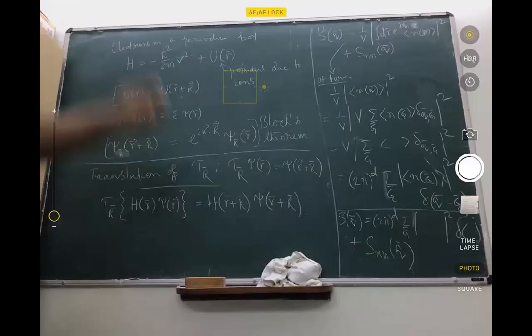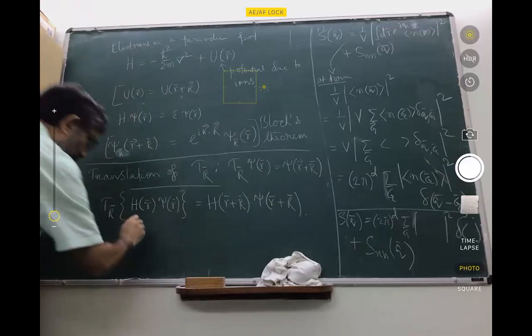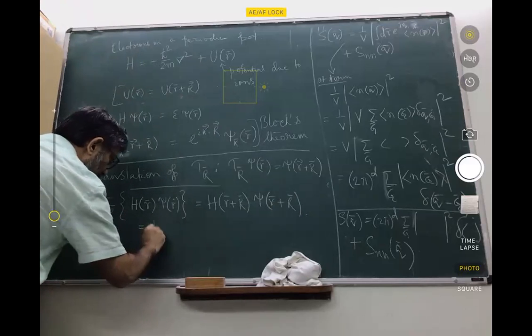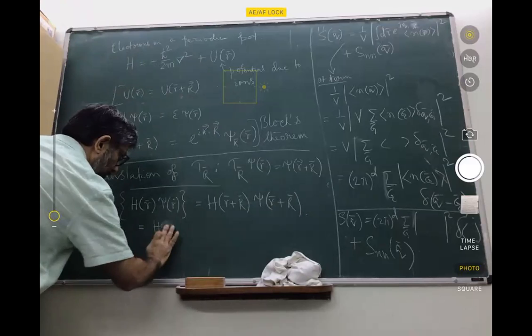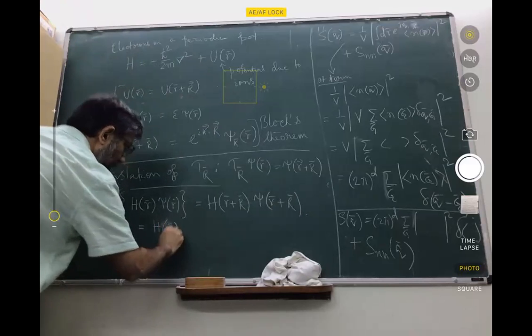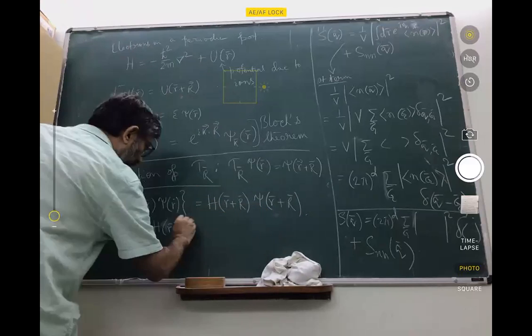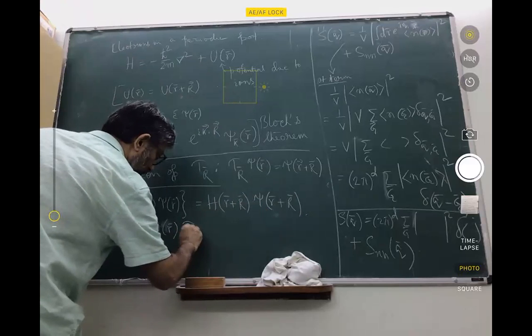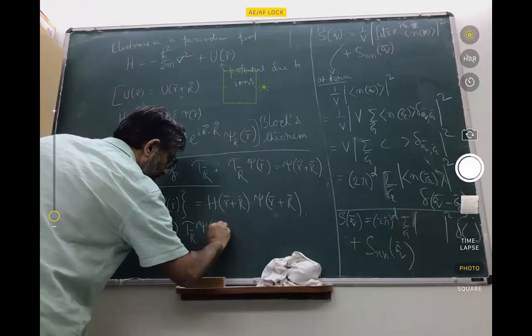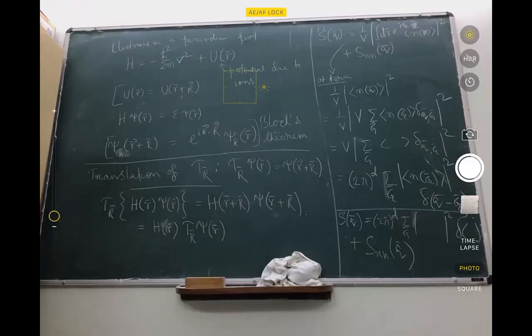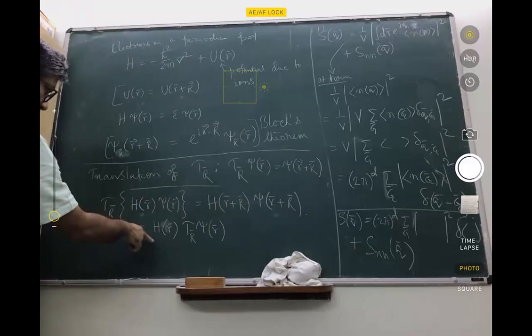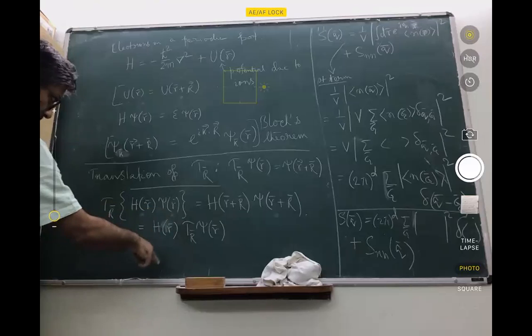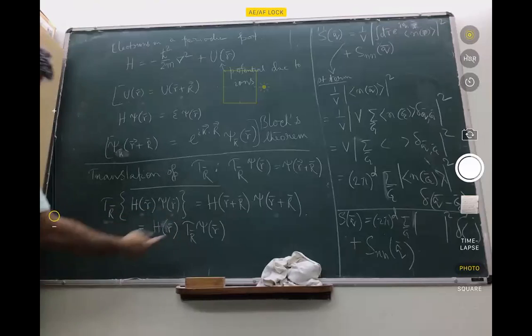Now, the Hamiltonian has the same periodicity as the Bravais lattice. So basically what I have is T of R H acting on psi is H T of R acting on psi.